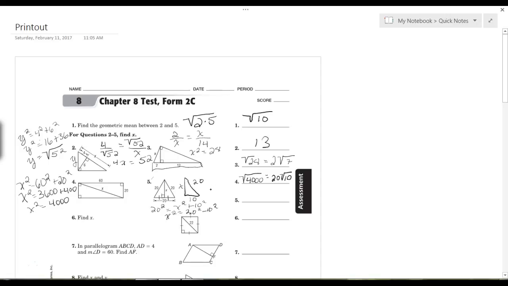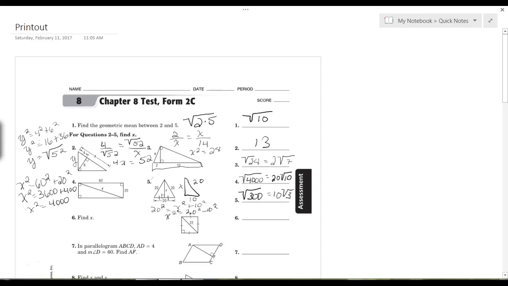And when I do all of that work, I end up getting the square root of 300. Or, if I want to take out my 100, the square root of 100 is 10, and I'm left with the square root of 3 inside.